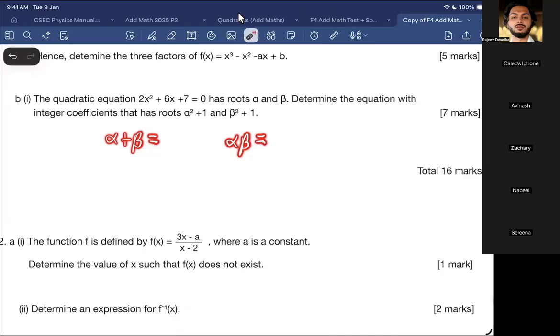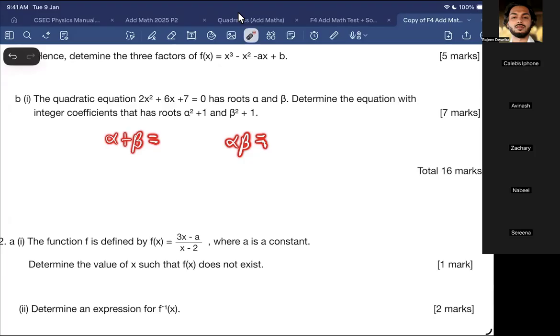Okay, sir. Right. So Nabil, in this case though, we want to determine a new equation with what roots? The same alpha and beta, or different roots? Different roots. So remember, alpha and beta are the roots for the original quadratic.